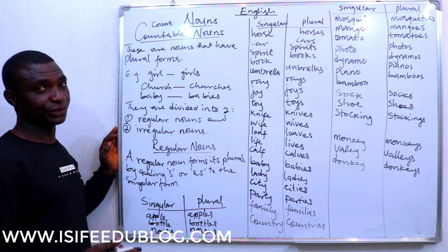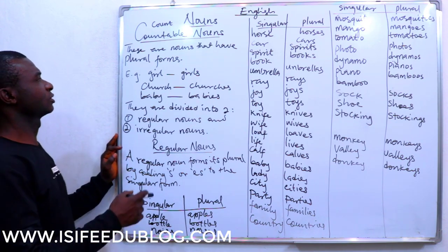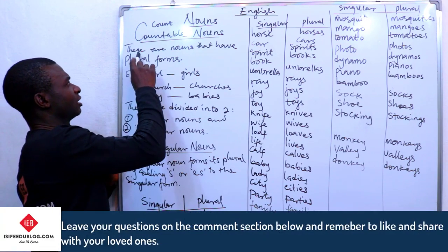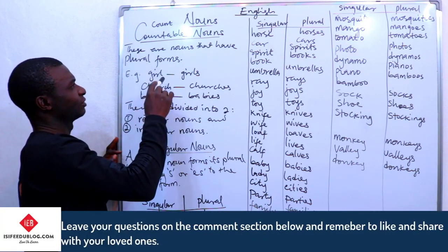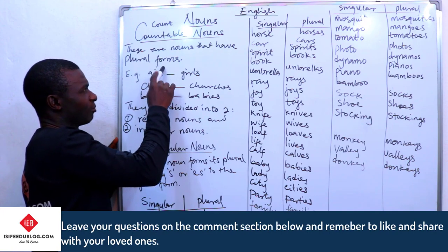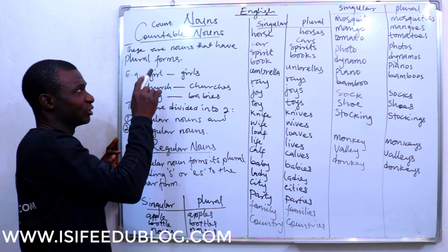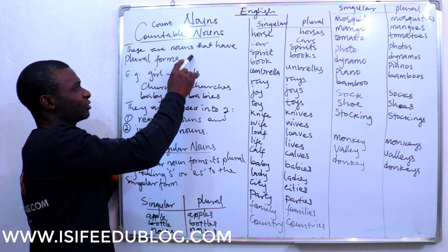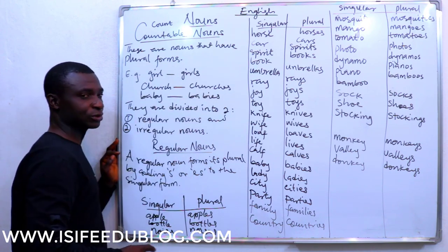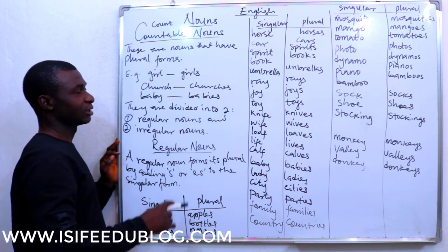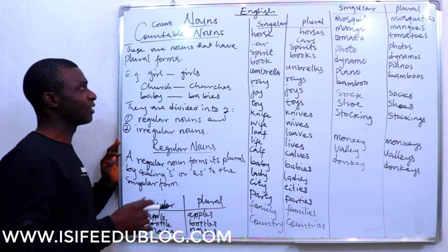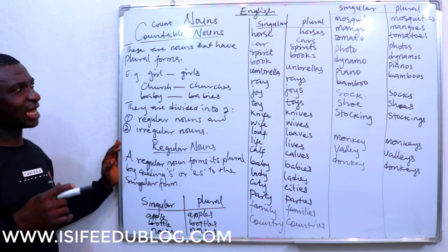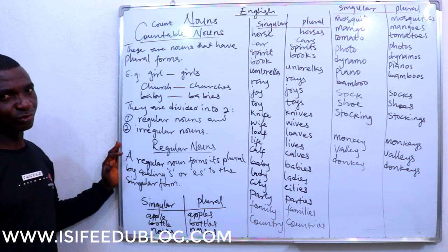This is not actually the case. A countable noun has a plural form. That's why there is a slight change in my own definition. These are nouns that have plural forms. Alright? A countable noun is a noun that has a plural form.